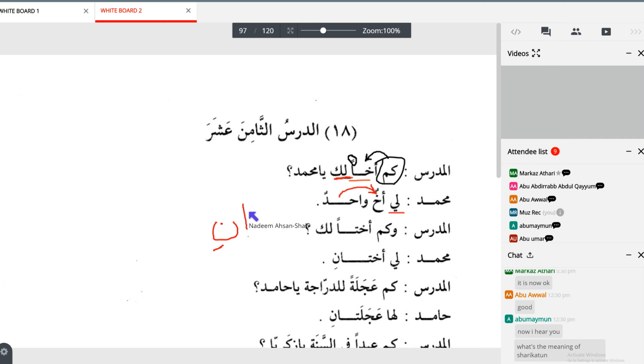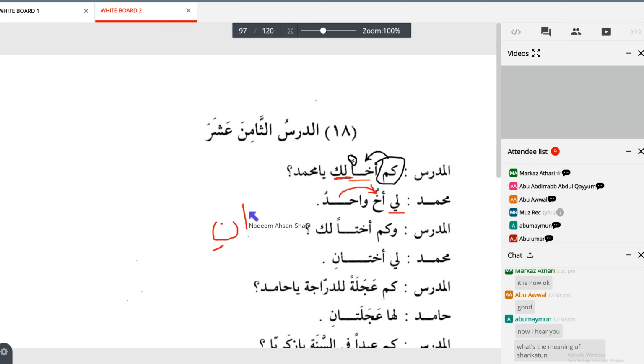The only difference is that if it finishes with ta marbuta, you only put 2 fathas, as in the case of ajalatan. And if it doesn't finish with ta marbuta, it finishes with any other letter, then you have the alif at the end, and you have the two fathas. In actual fact, the two fathas go on the end letter, not on the alif. It's just a slight point of writing formation or imla.